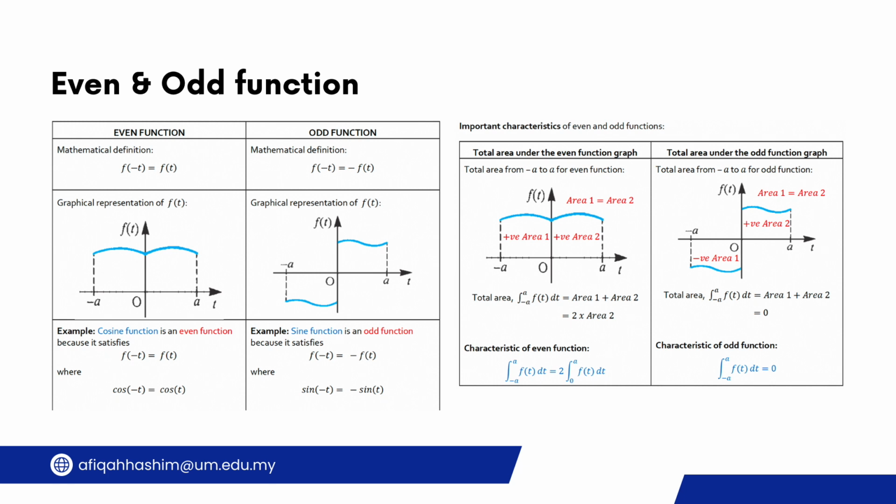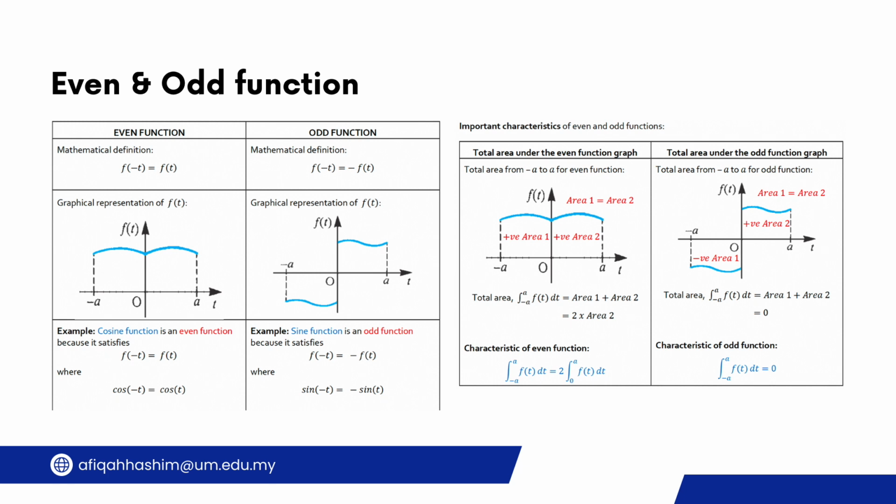The total area from negative a to a for an even function is the integration from negative a to a of f of t dt, equal to area 1 plus area 2, or equivalently 2 times area 1 or area 2. So the characteristic of an even function is that the integration from negative a to a of f of t dt is equal to 2 times the integration from 0 to a of f of t dt.